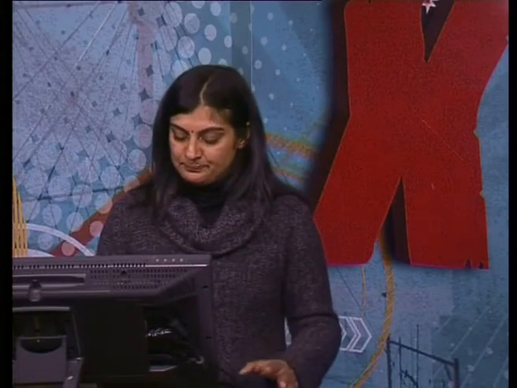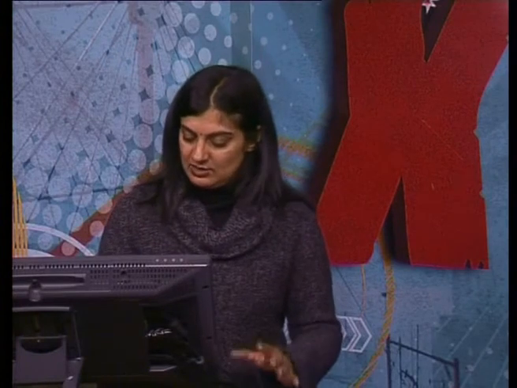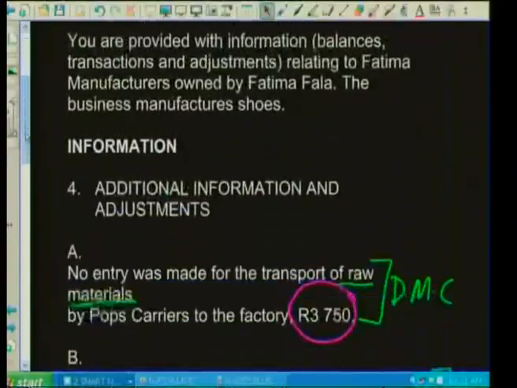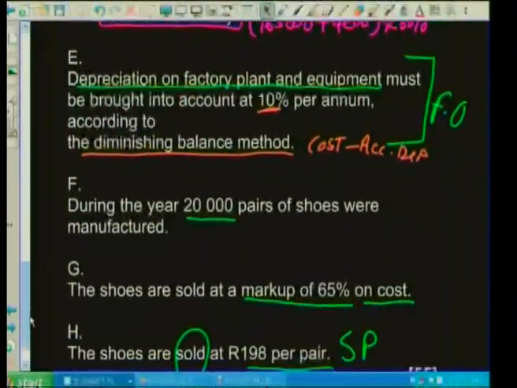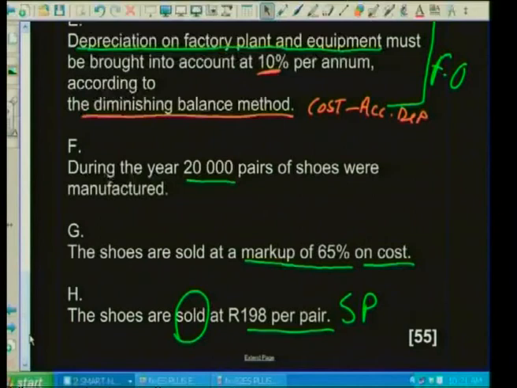Now let's go to the last bit of information that was given to us in the question that we haven't used thus far. Okay, so back to our question. The last bit of information, people, because we've used everything except for the following. Okay, information F. During the year, 20,000 pairs of shoes were manufactured.